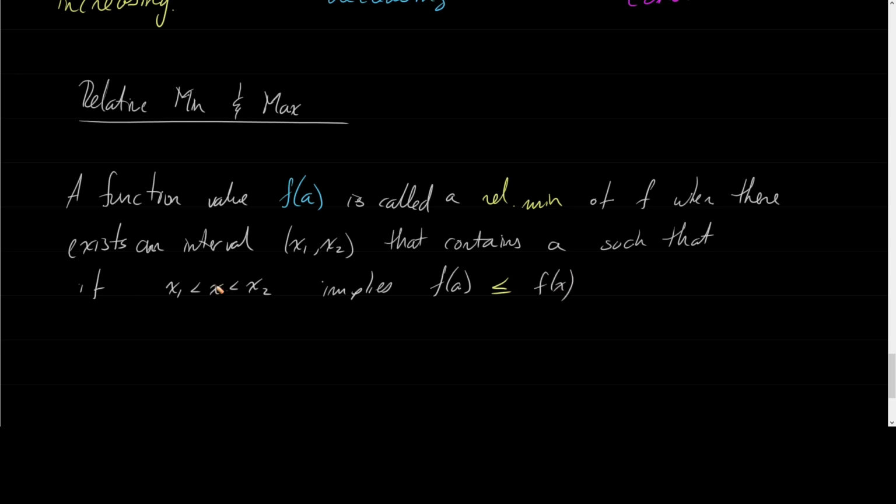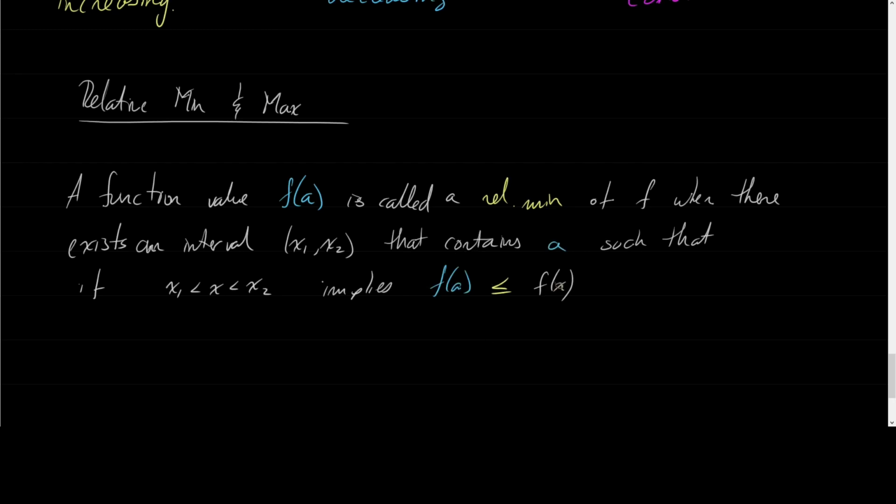So for all the x's in this interval from x of 1 to x of 2, f of a is less than all of the values in the function.